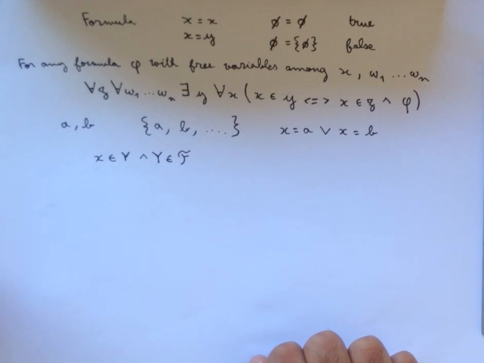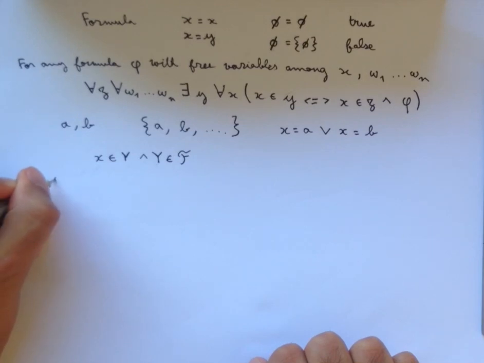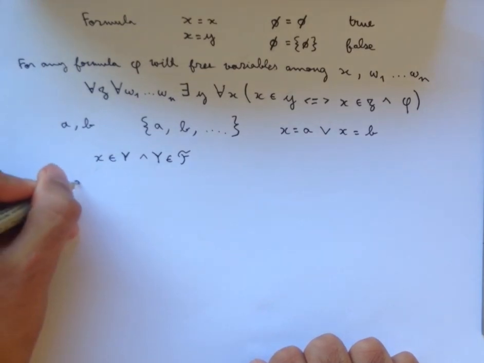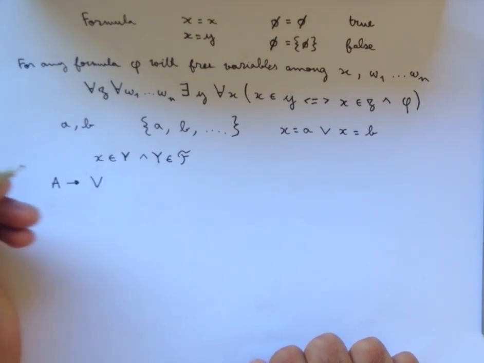So for our next axiom, we're going to want to turn formulas into functions. So we want a function that maps elements from some set, A, to other sets, which can be any sets. So we're going to use V to talk about the universe of all sets.